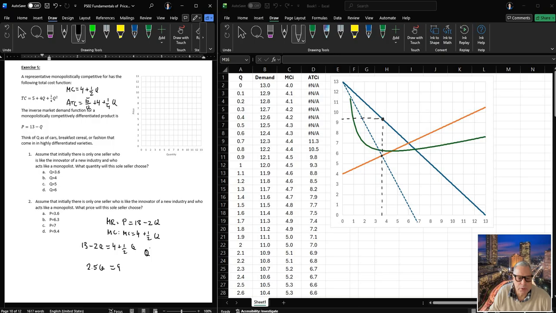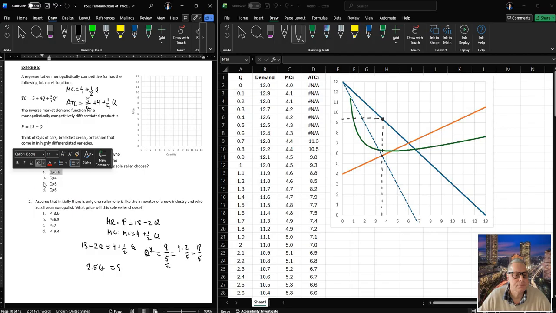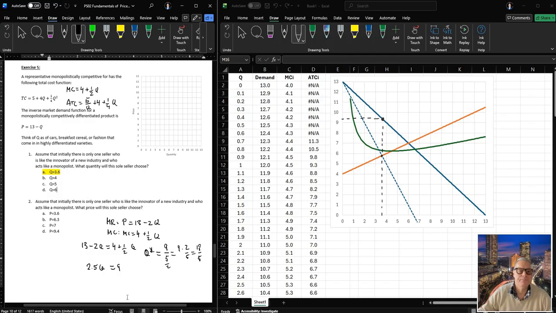So Q star is 9 over 5 over 2, which is the same as 9 times 2 over 5, so that's 18 over 5, and 18 over 5 is, I guess, 3.6. Definitely a fraction. Okay, then we are done with this calculation. Let's erase it again.